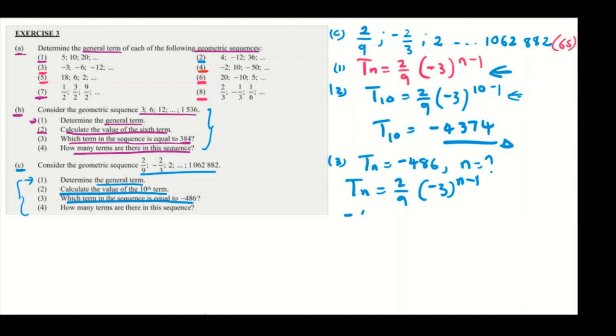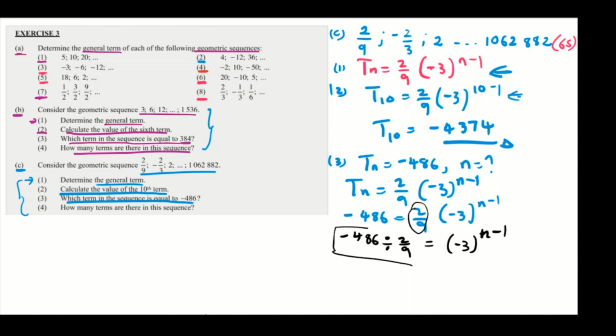My Tn is minus 486 equals 2 over 9 into minus 3 to the power of n minus 1. And then I'm just going to divide by this one here, so it's minus 486 divided by 2 over 9 equals minus 3 to the power of n minus 1.